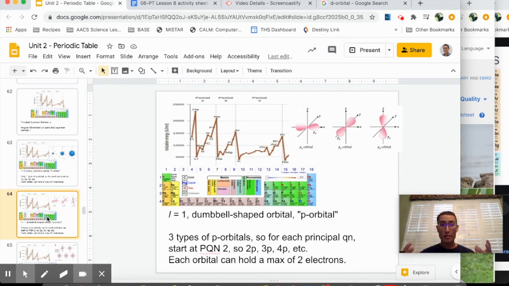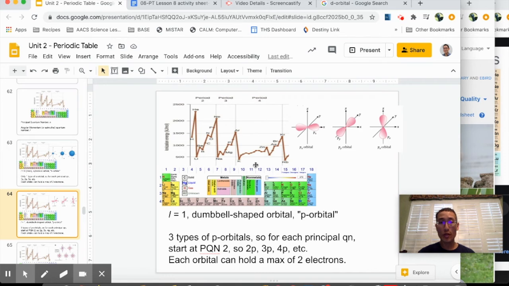As you keep going down the periodic table, as you keep increasing the principal quantum number, you actually increase the number of types of orbitals that are available. So in the second row, we have the 2s orbital, but the azimuthal quantum number can now change to L equals 1 also. So it can be L equals 0 for the 2s orbital, or L equals 1 for the 2p orbital.